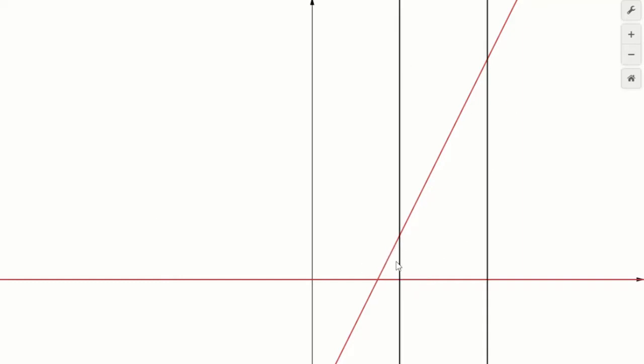I purposely hid all of the numerical wording here, but at this intersection between the line in red and the line in black, there's one intersection, there's two intersections. This point right here is (2, 1), and this other point is (4, 5).